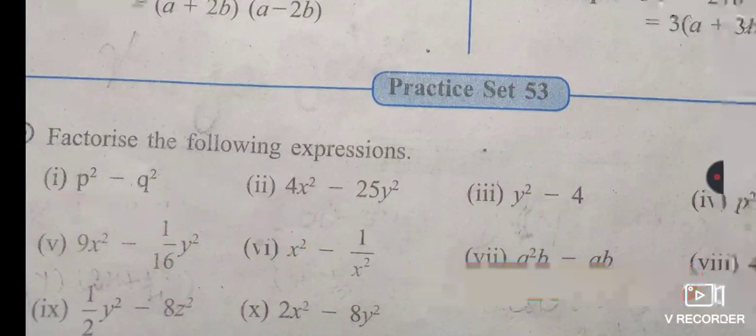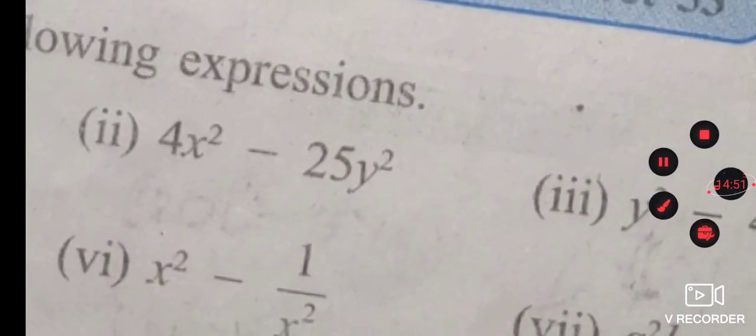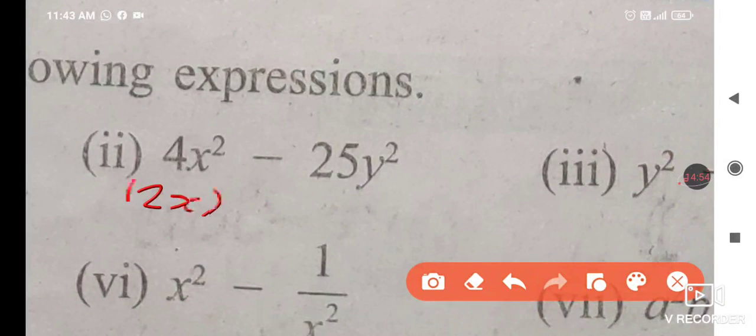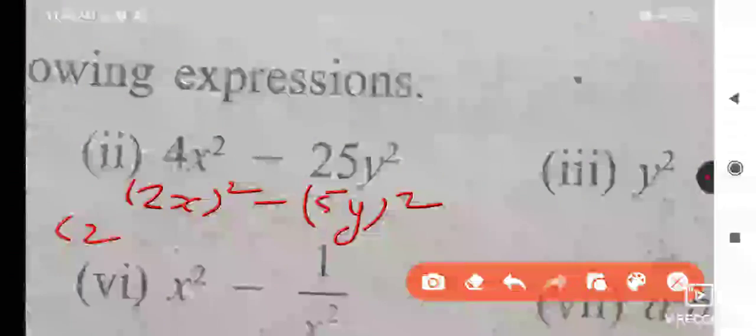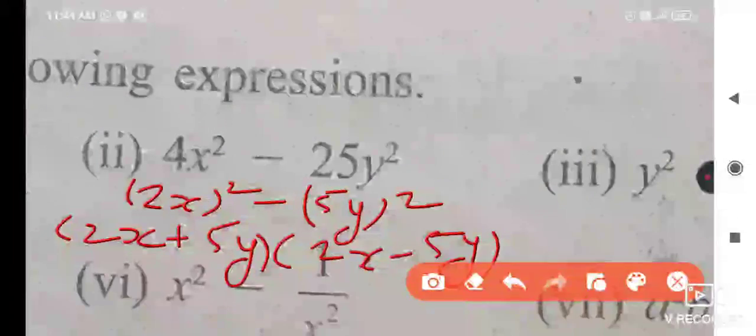Then next, in this example, 4 is a square number, so you write (2x) bracket square instead of 4x square, and (5y) bracket square instead of 25y square. Then 2x plus 5y and 2x minus 5y is the factorization of this second example.